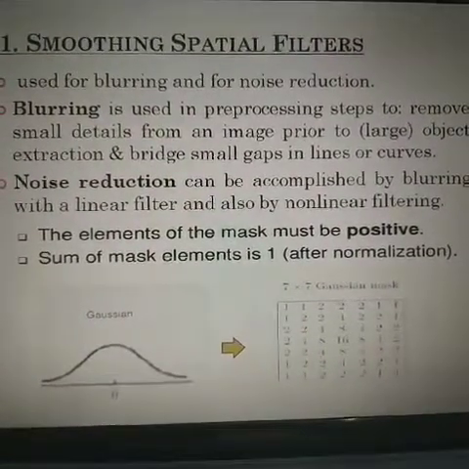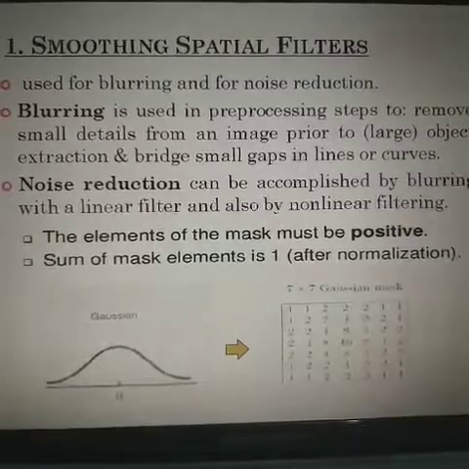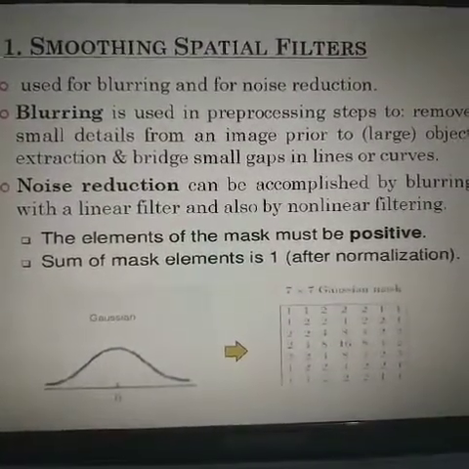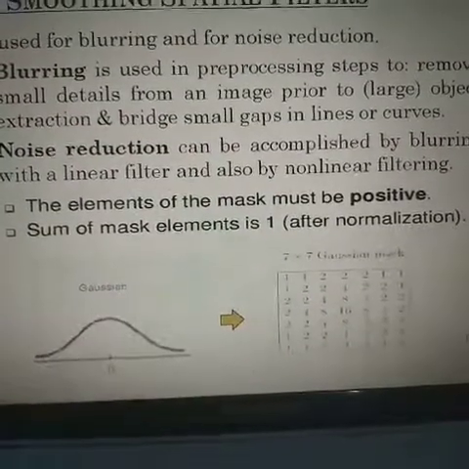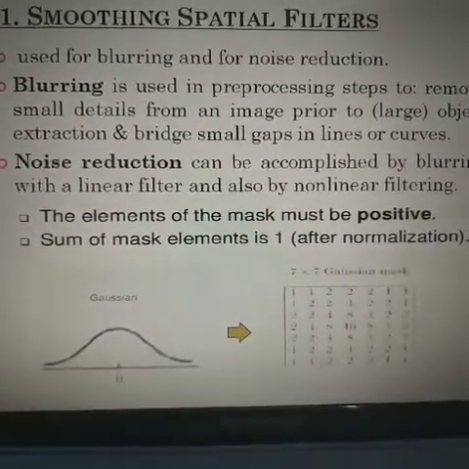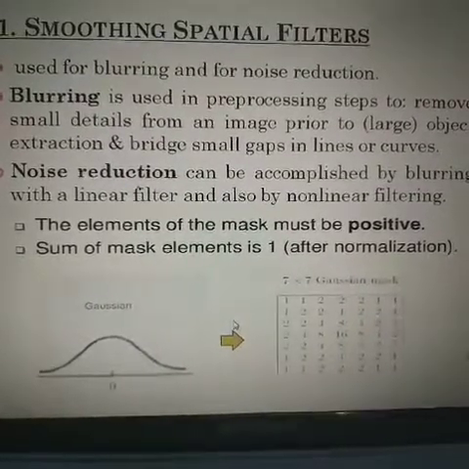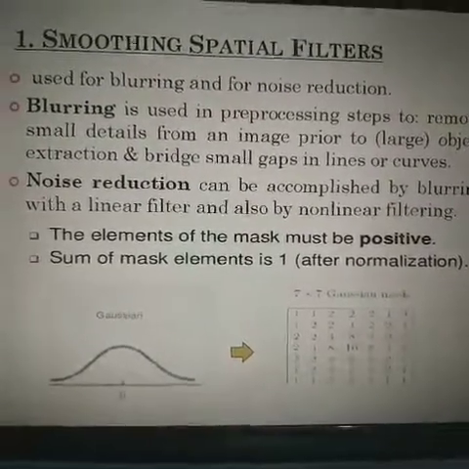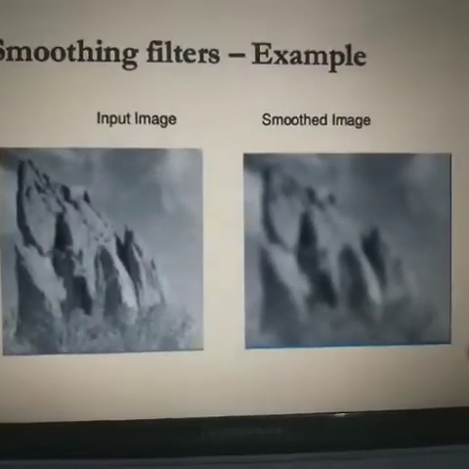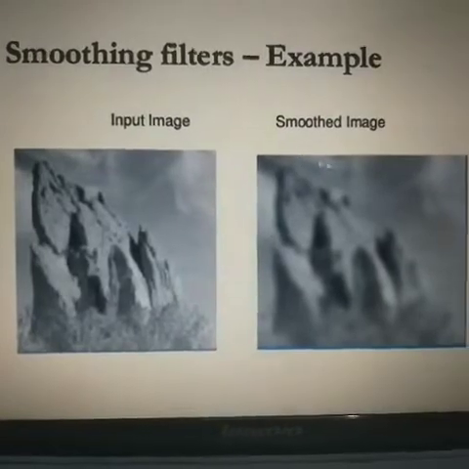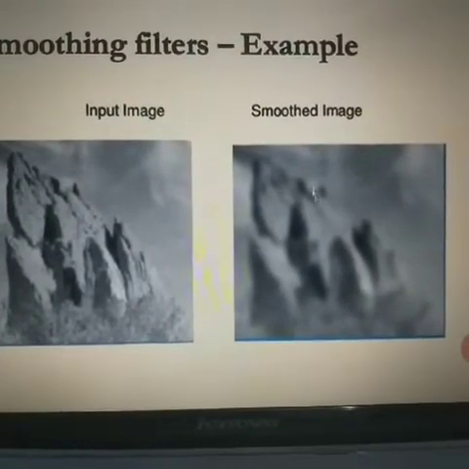Linear and non-linear filters are both used for noise reduction smoothing. After this we get the image where the sum of the mask elements is 1. This is an example of the smoothing filter. We have the input image, and here we have the smooth image.